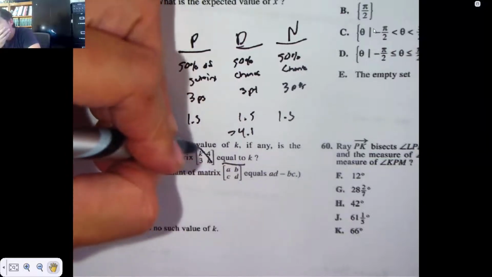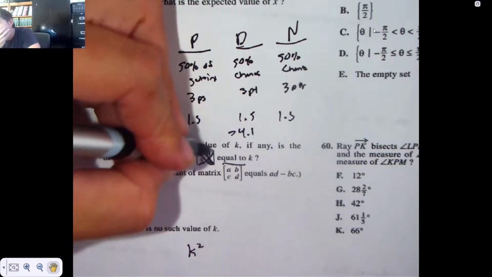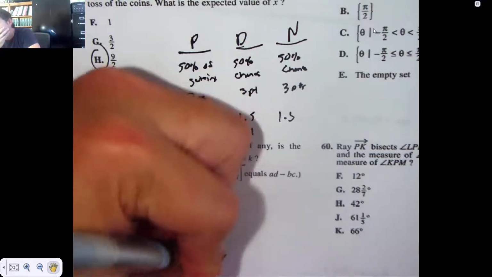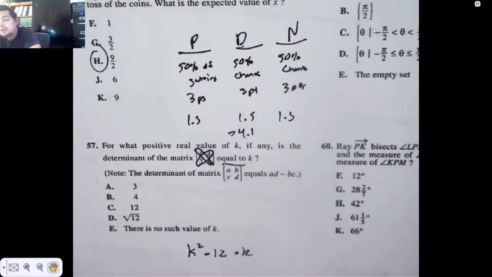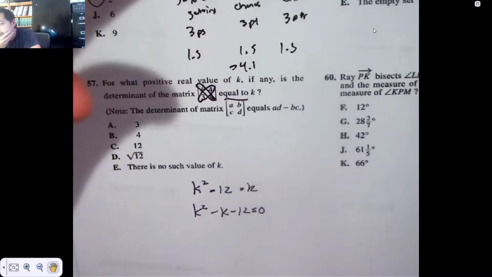So I've been teaching you guys how to do this. K times k is k squared. We take away that upward diagonal, 12, and we set it equal to k. And you actually know enough now how to do this. Zero product property, right? K squared minus k minus 12 is 0. Factor, we always factor.